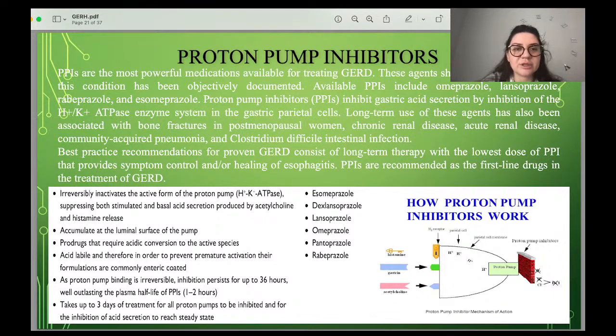Best practice recommendations for proven GERD consist of long-term therapy with the lowest dose of PPI that provides symptom control or healing of esophagitis. PPIs are recommended as first-line drugs in treatment of GERD.